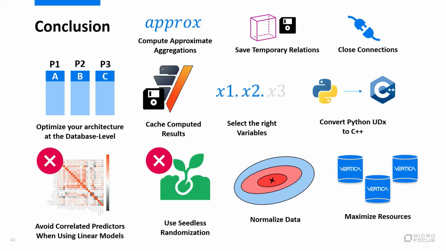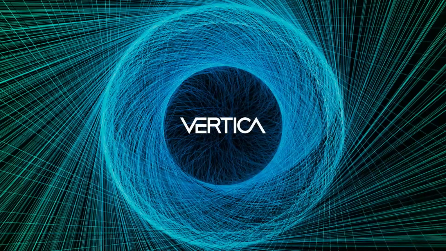For example, when we saw the example on maximizing the resources, we were sending multiple queries at the same time, and each query is using a connection. So if you don't have any connection available, it will raise an error directly to the system. So please, in this case, close your connection.